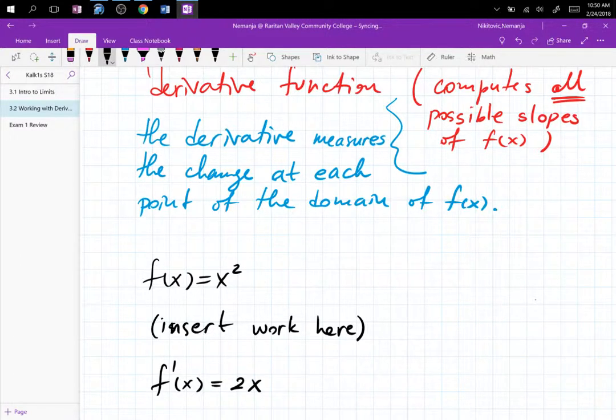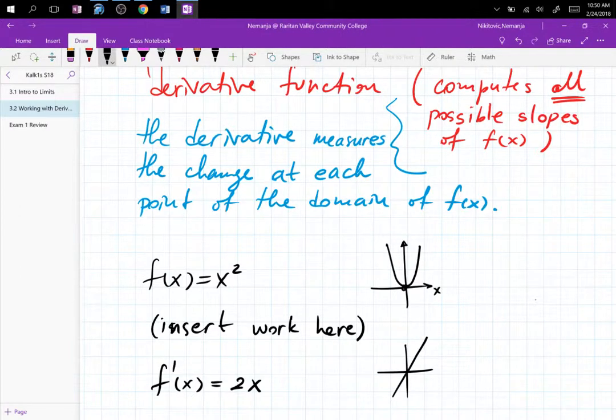So now clearly a different function. The one on top is a parabola going through 0, 0. And the one on the bottom is a linear function going through 0, 0. It's not a 45-degree line, because y equals x is 45.